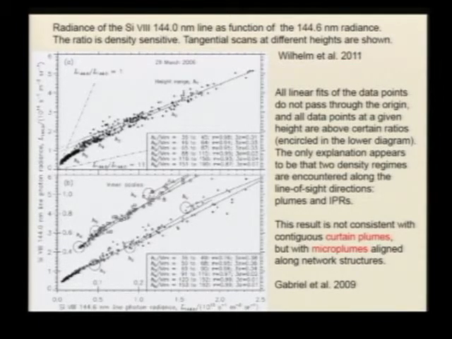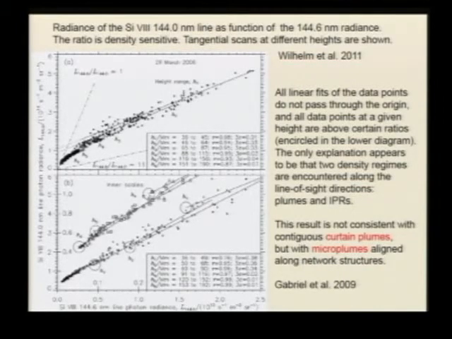And we then discussed at the meeting in Bern that this can only be if there are two plasma regimes in the coronal hole, a dense one, being plumes, and a low density one, the interplume region. But how can you combine this with curtain plumes?